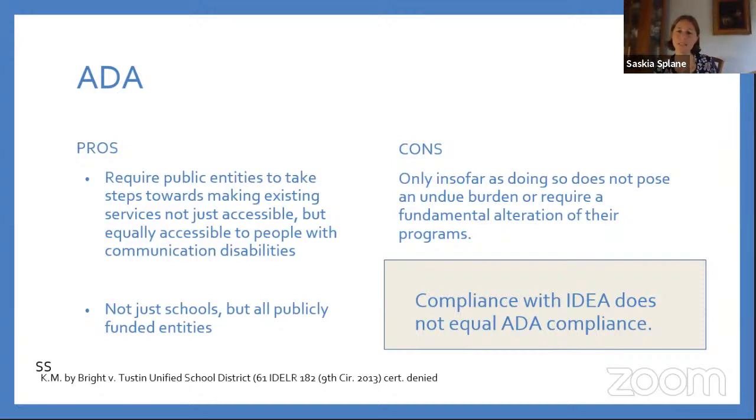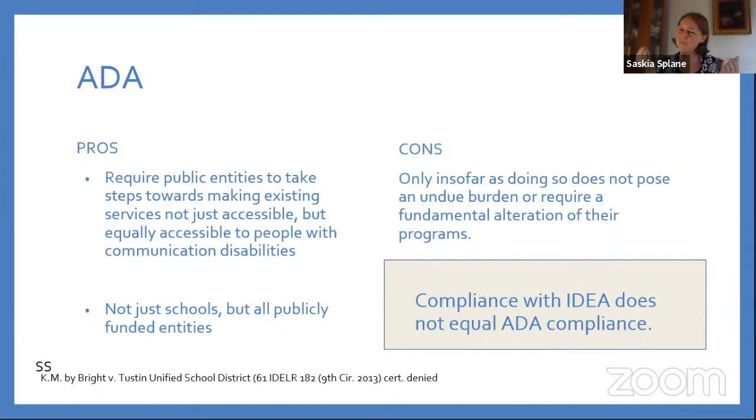What is really nice about ADA is it says that existing services must be not just accessible, but have to be equally accessible. So it raises that bar. But the con of this is it can't provide those services if it poses an undue burden, or a fundamental alteration of the program, or costs too much money.